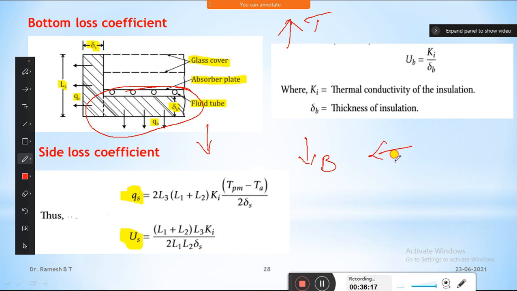If it is side, that indicates side loss. Here it may be conduction or convection, there is no re-radiation, and it is assumed that the flow is one dimensional and steady state. In most cases, the thickness of the insulation, since we use insulation at the bottom, is provided such that the thermal resistance associated with conduction dominates.